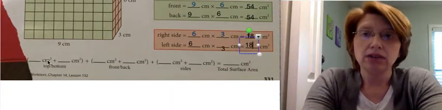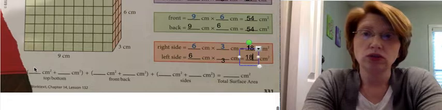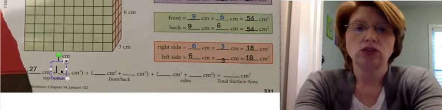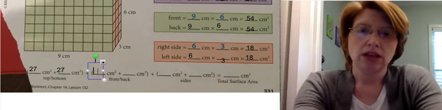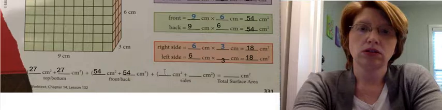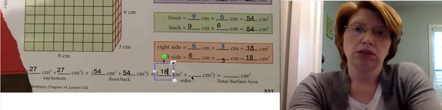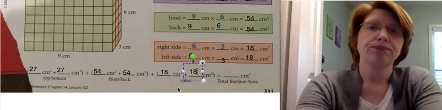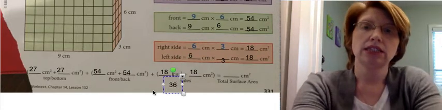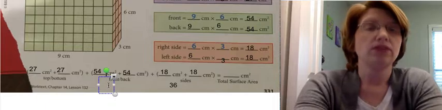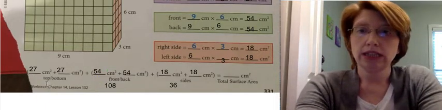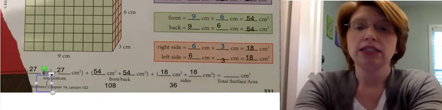Now we simply add them together. So 27 plus 27, 54 plus 54, 18 plus 18. And 18 plus 18 is 36. 54 and 54 is 108. And 27 and 27 is 54.